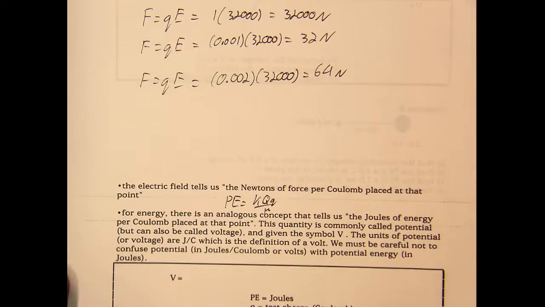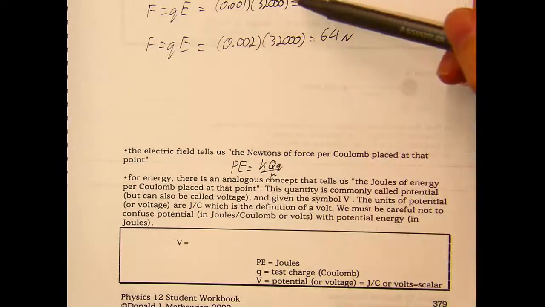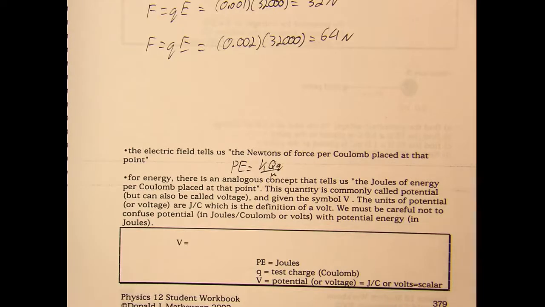The concept of voltage actually plays an analogous role to the electric field and force, except it plays it with potential energy here. It tells us how many joules of energy an object would have if it were placed at a point.